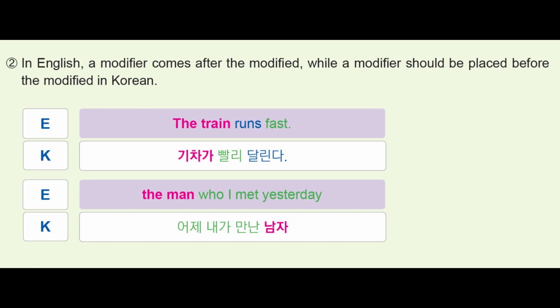You can see the subject marker in red below. However, English doesn't have anything like that. We just use word order instead. English, the train runs fast. Korean, the train fast runs.